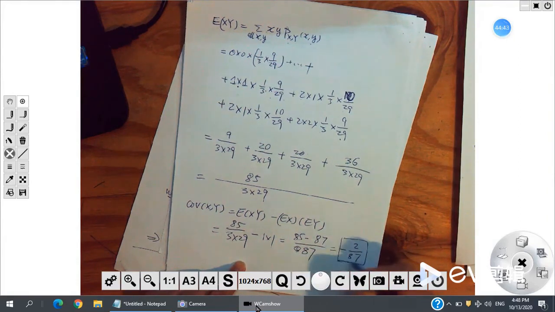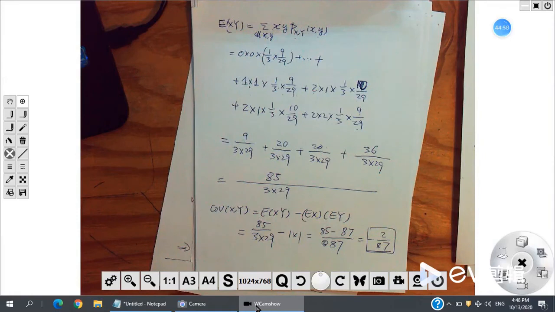We have the covariance. Here maybe people will say, okay, you calculate this kind of thing, this should be positive. No, for covariance, it could be positive, could be negative. For variance, it must be positive. For covariance, maybe it's negative.